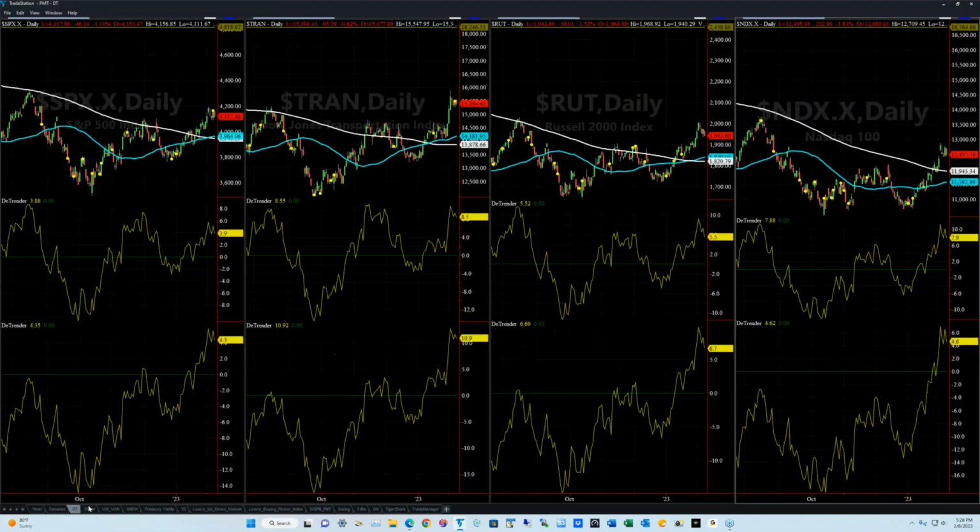Okay. The trender, we run into a, what do you call it? Distribution up here. Okay, a little bit of an intraday wall without a real movement there on transportation, but Russell is leading, and it should.